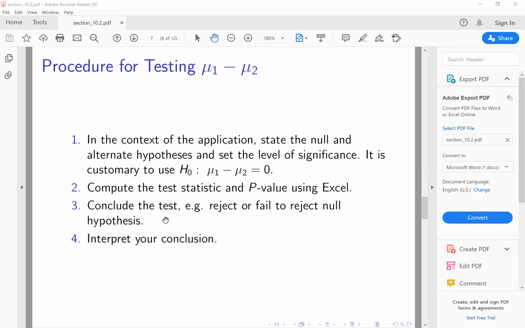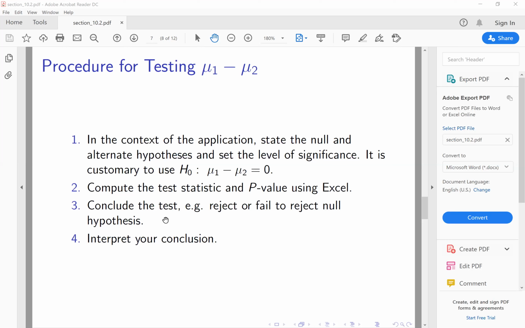In this context, we're going to have you state the null and alternate hypotheses, set the level of significance, compute the test statistic and p-value using Excel, and conclude the test, reject or fail to reject, and then interpret the results. The interpretation's very important because that's the part where you're explaining your results to someone who isn't knowledgeable about all the statistical language.